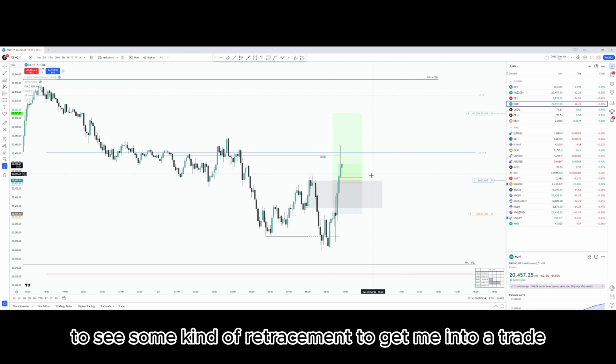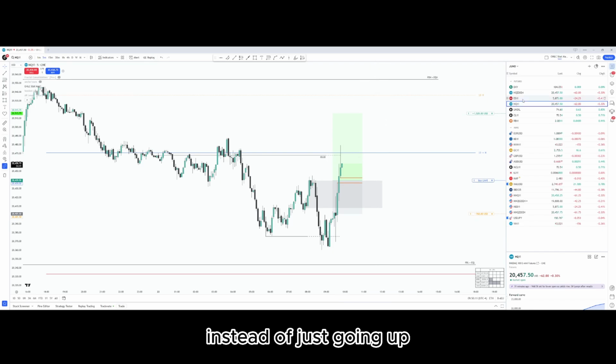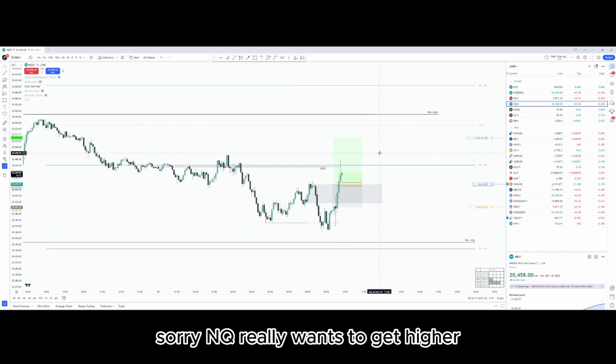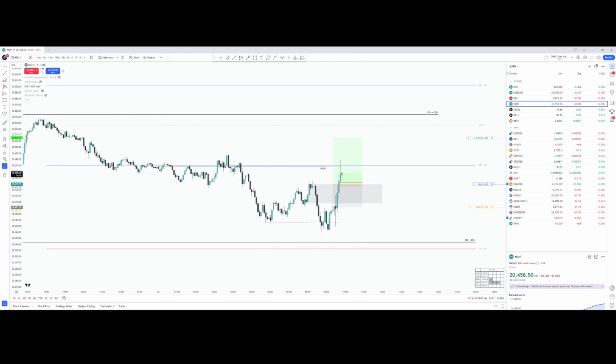Would really like to see some kind of retracement to get me into the trade instead of just going up. Looks like ES, sorry, NQ really wants to get higher.